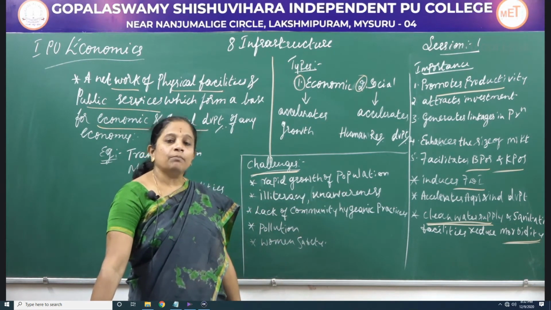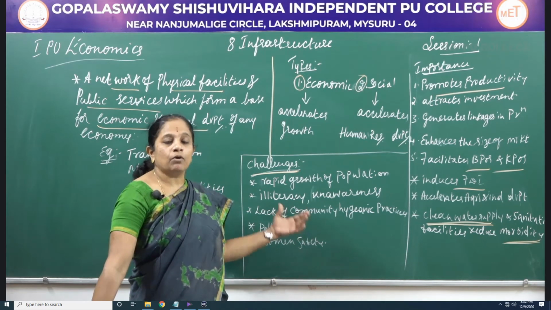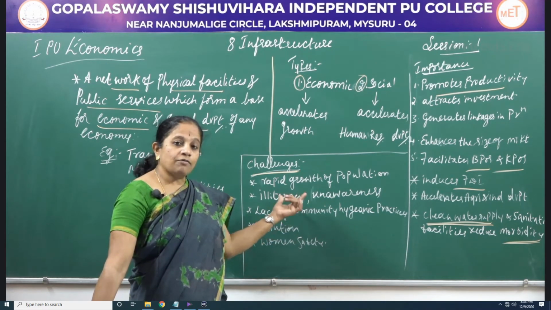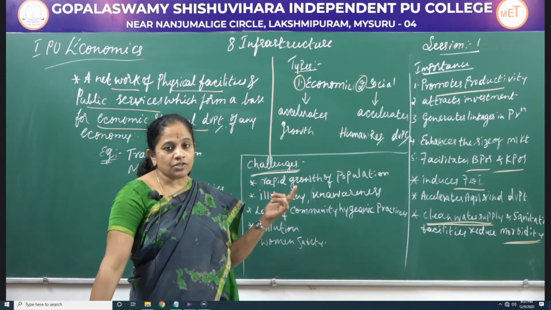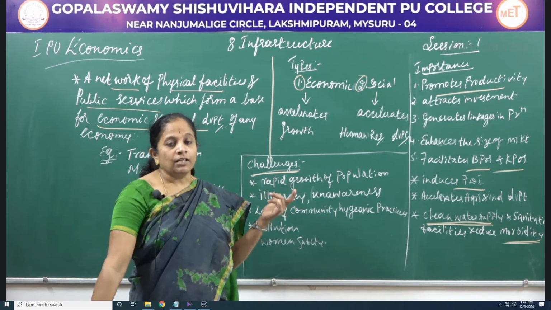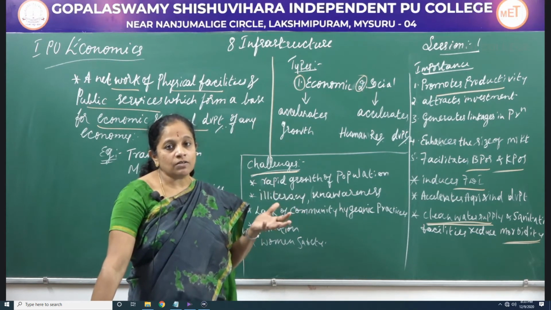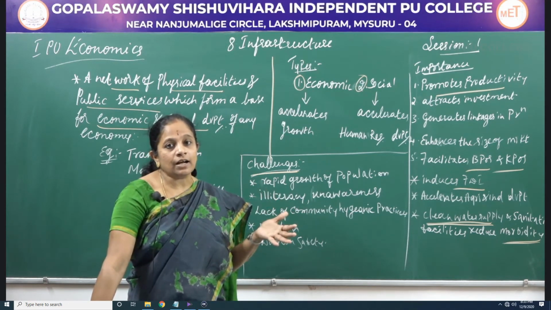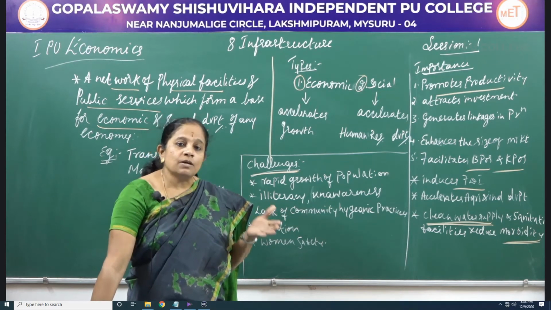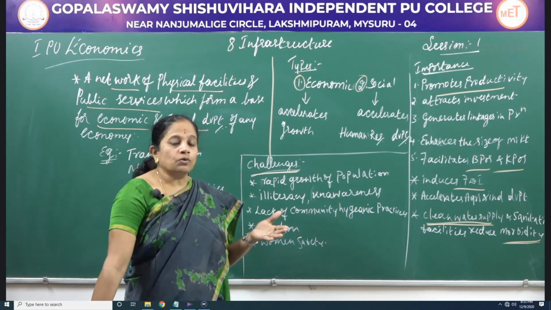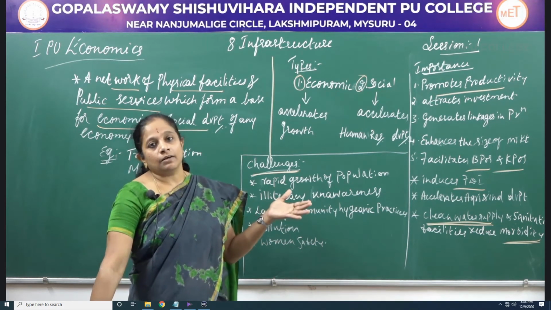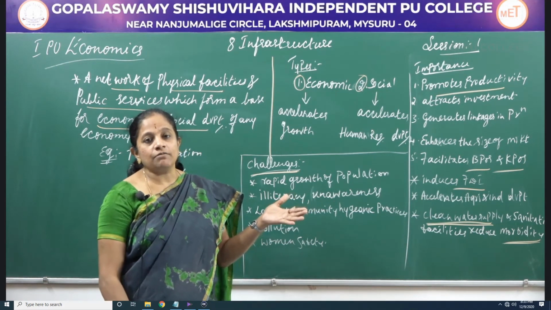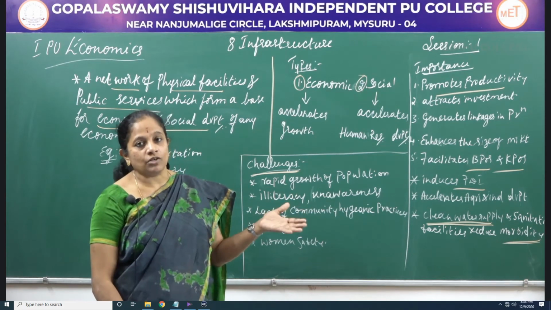All our 5-year plans have concentrated on this only, because after independence we did not immediately start the development of infrastructure, because during that time the first few 5-year plans concentrated on the agricultural sector as well as import substitution concepts. So they ignored infrastructure, and by then awareness was created in the 5-year plans related to infrastructure.